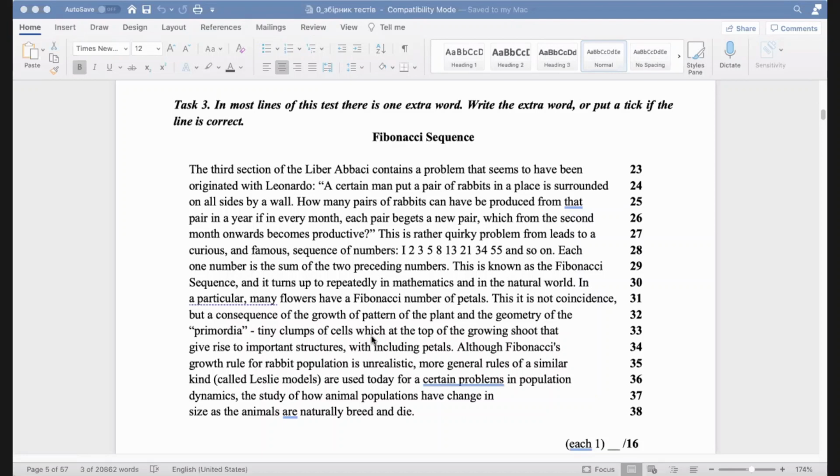Yes, we can say like including petals. Right. Okay. 35, general rules of similar kind, without a, maybe. Of a similar kind. No, 35 is okay. Okay, so then 35, okay. One of them. Yes?